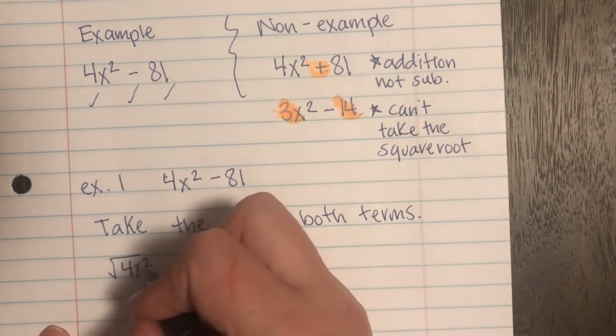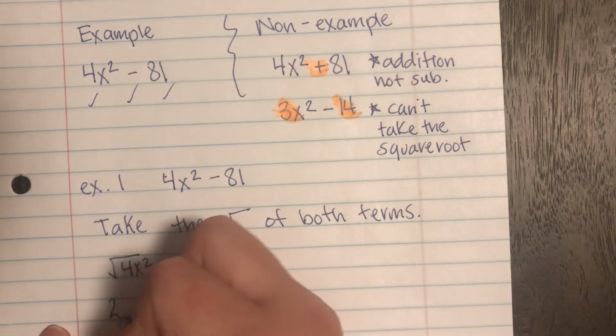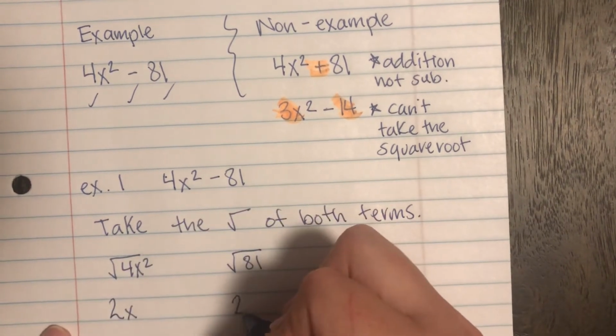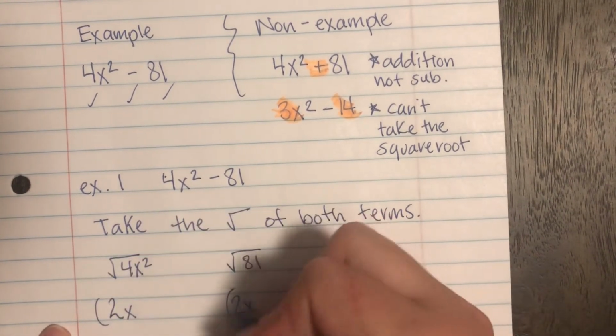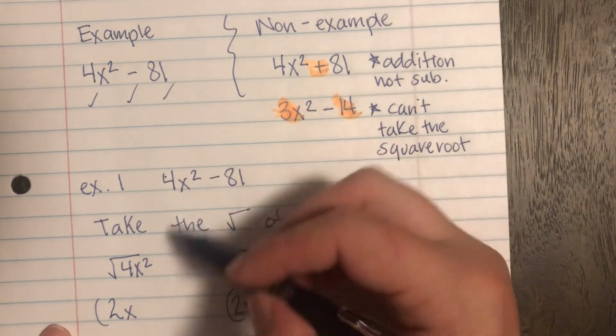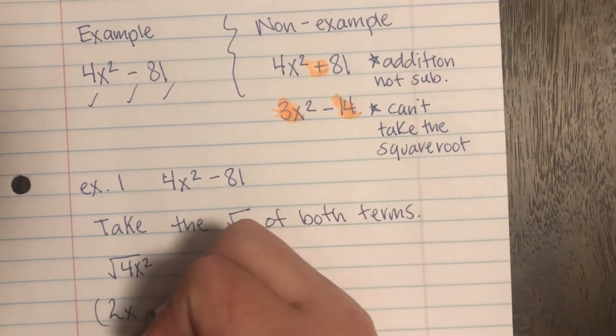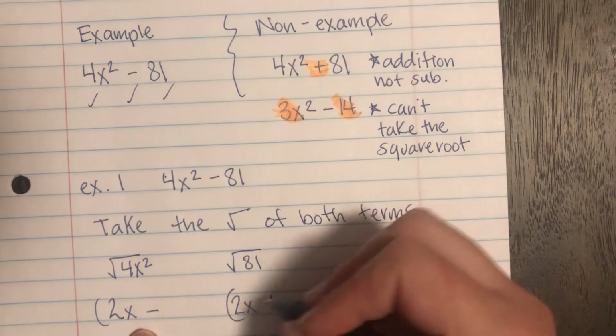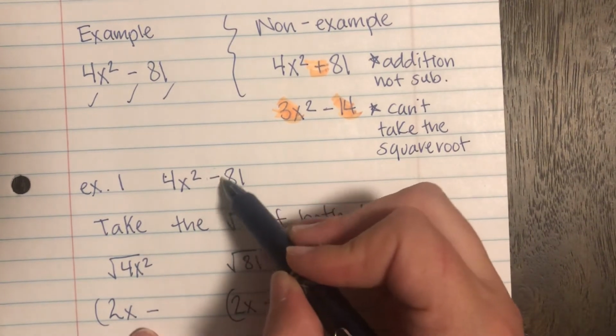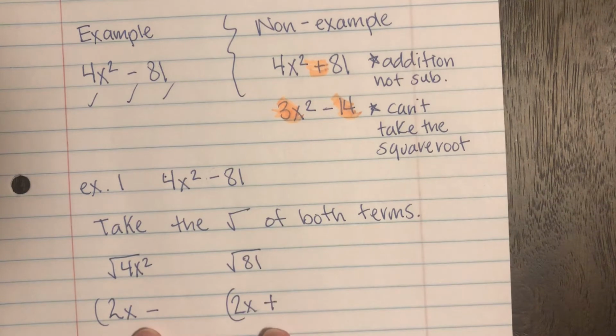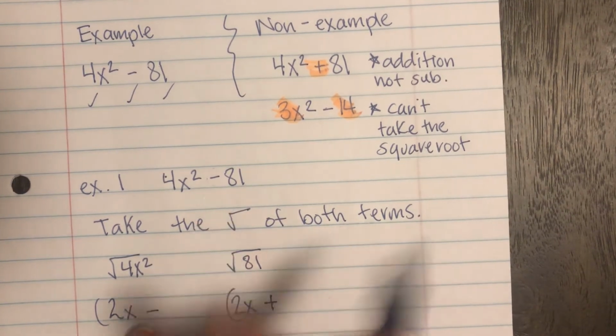So if we were to take the square root of this, we're going to have 2x. This is going to go in the front because it was in the front of the problem. The next thing you need to know is that there's going to be a minus and a plus to make this a negative, because a negative times a positive equals a negative.